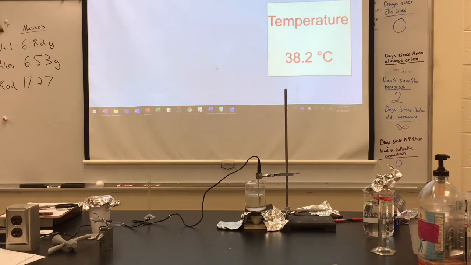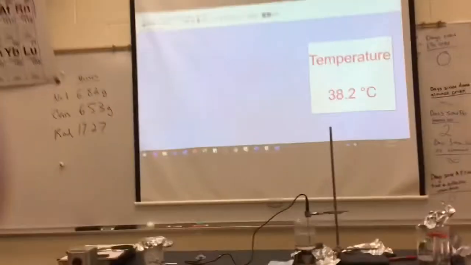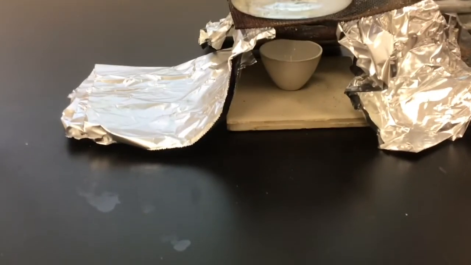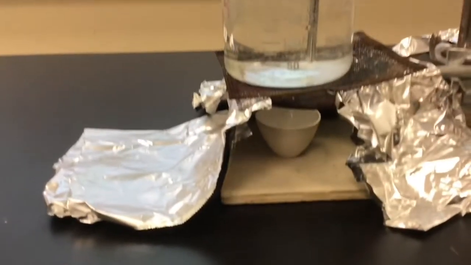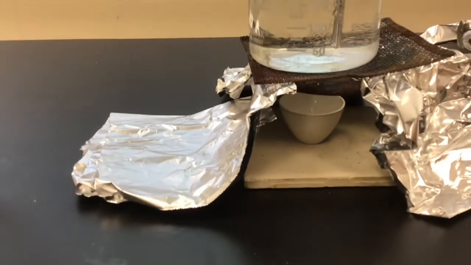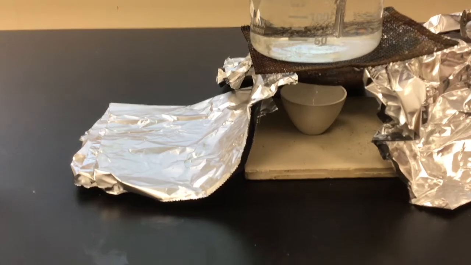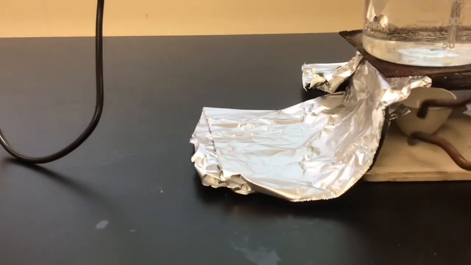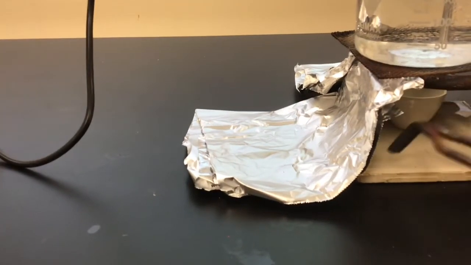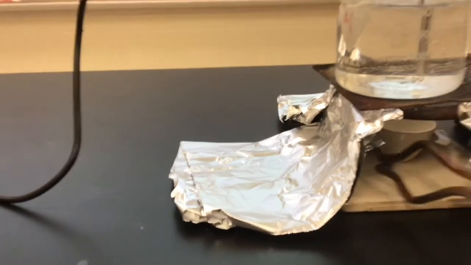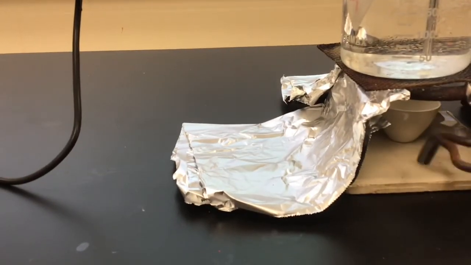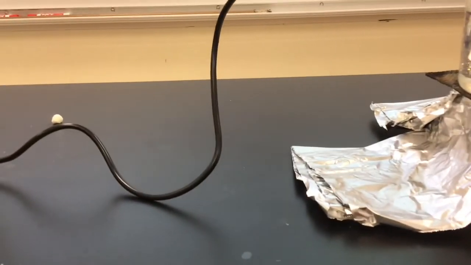Class, it looked like the maximum temperature there was about 38.5. If we come down here and look, we can see that there's no more alcohol. I'm going to grab some tongs here and pull this out. Let's see if I can pull it out.